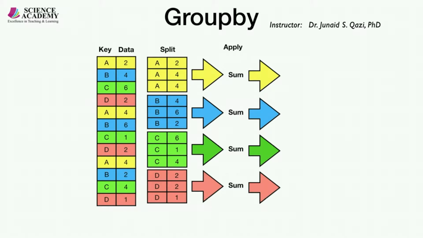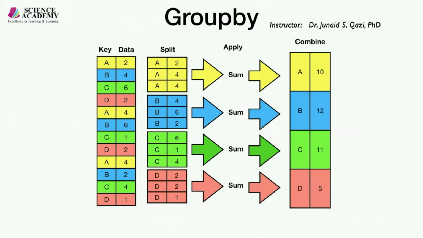In the next step, which is apply, once the splitting is done, a function such as sum, mean, and standard deviation is applied to all groups independently, which produces a new value.